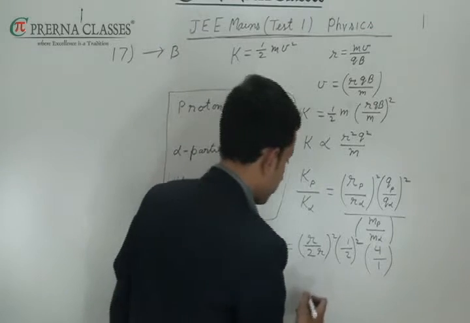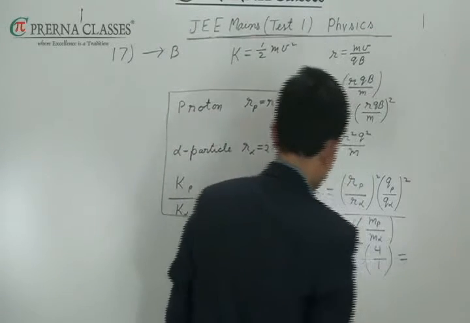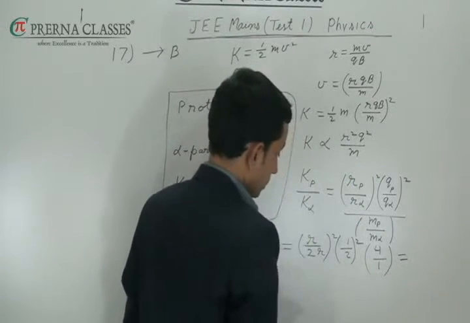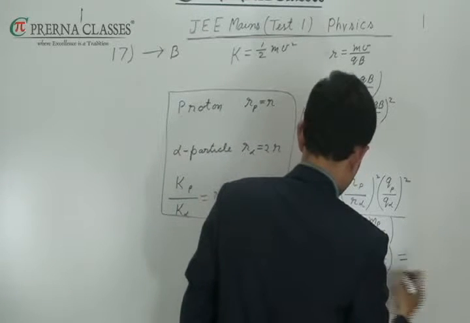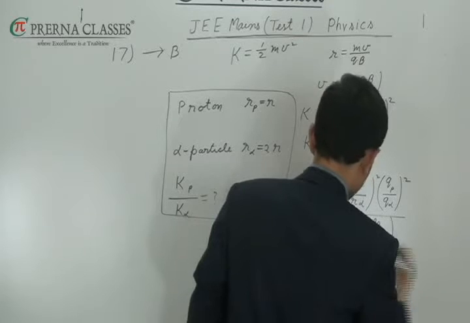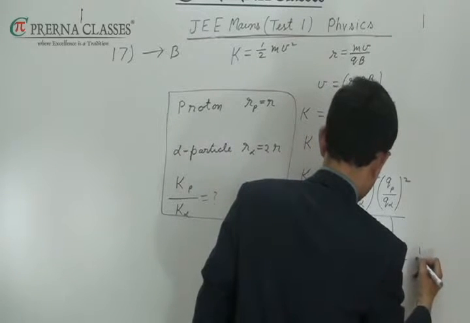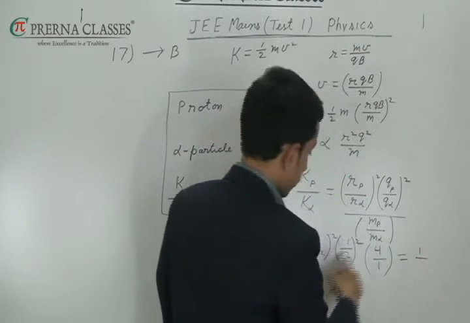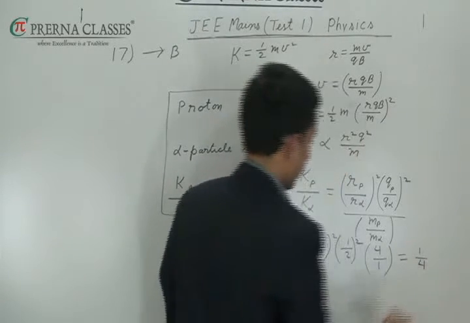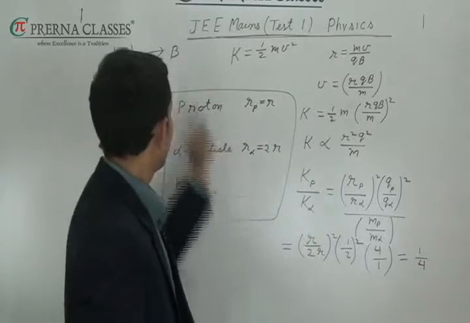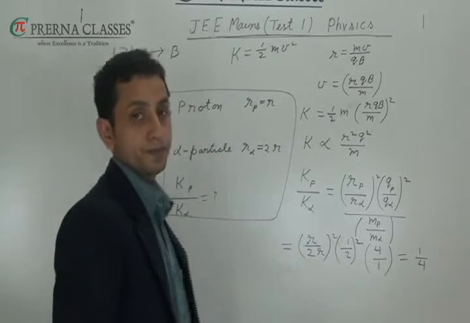Now if we solve it, we are going to get the ratio 1 by 4 finally, and 1 by 4 is option B.